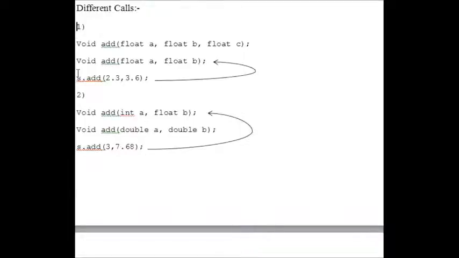In the first example, if I define add 2.3, 3.6, whether I get this method or that one, I get the second one, because I have two floats here, so obviously the float version is invoked. In the second example, if my sample class has these methods and I declare this call, then my first method is invoked because it has int and float types, where my method signature matches.